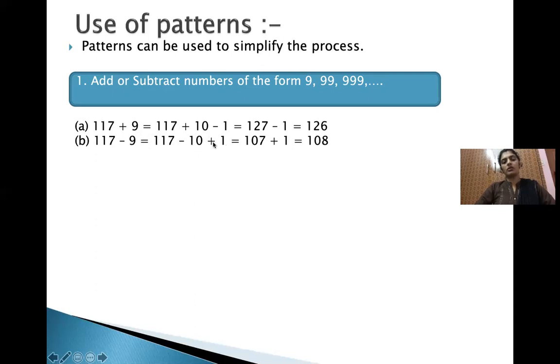The smaller number we take positive and the bigger number we take negative, so that we get the negative sign here. So first subtract this 10 from 117, we get 107, then add 1 to it, we get 108. Like this we can calculate using patterns.